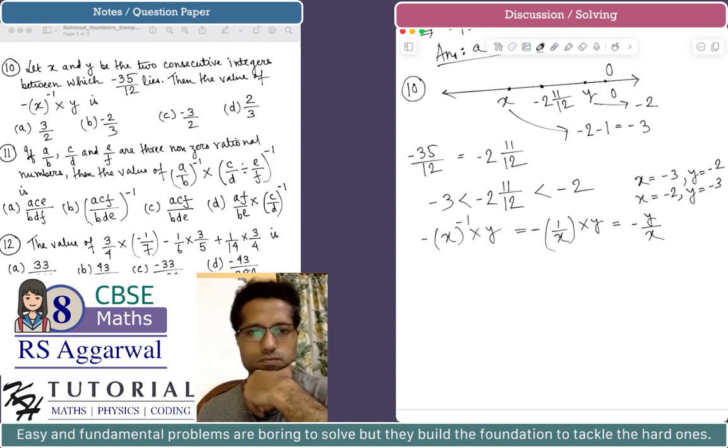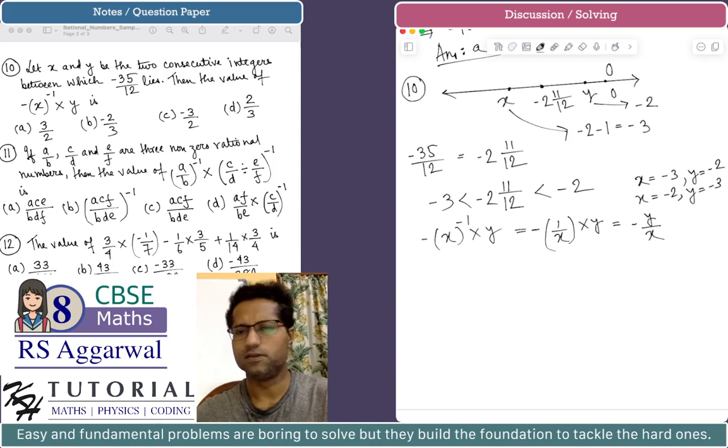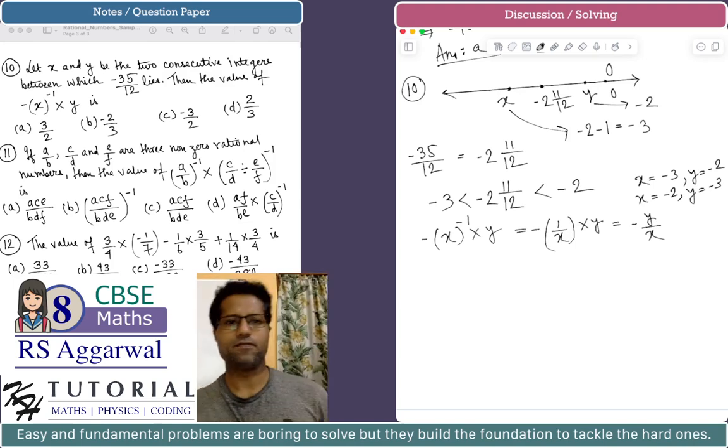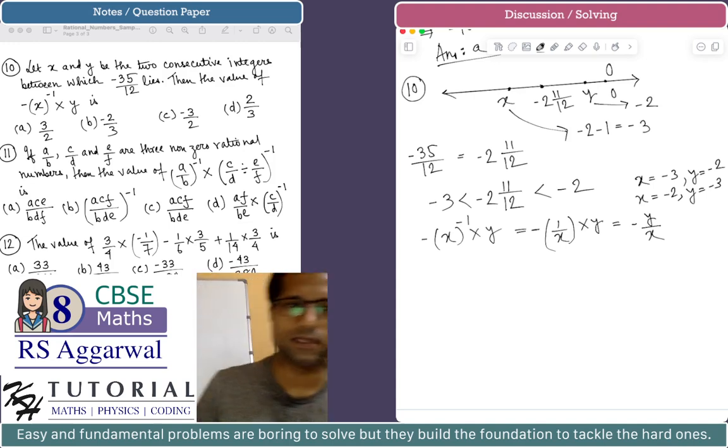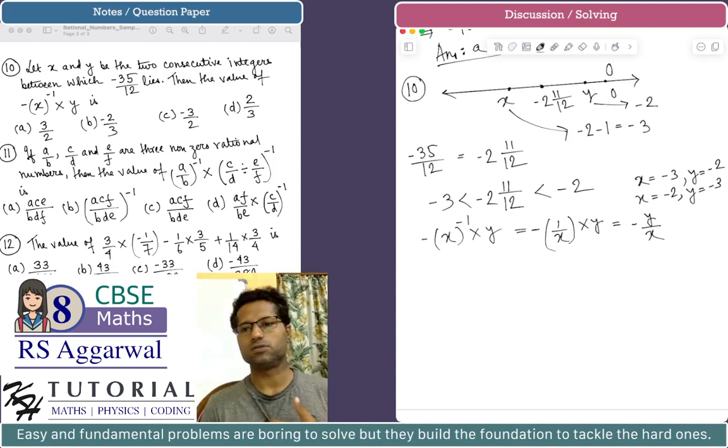But how do we know? We know that x and y are two consecutive integers. When it is saying that x and y are two consecutive integers, maybe it is trying to say that y is the next consecutive integer of x, that is, y is greater than x.